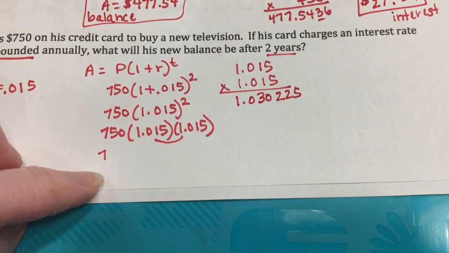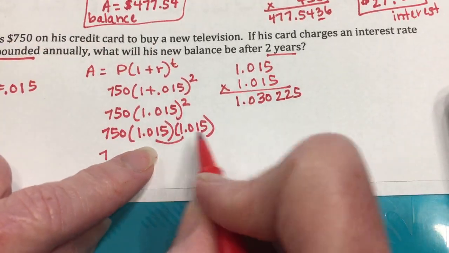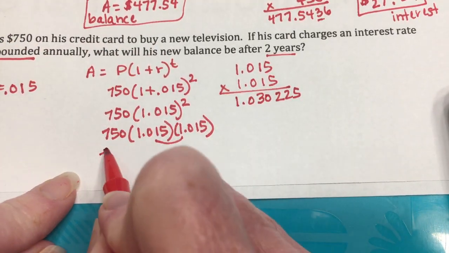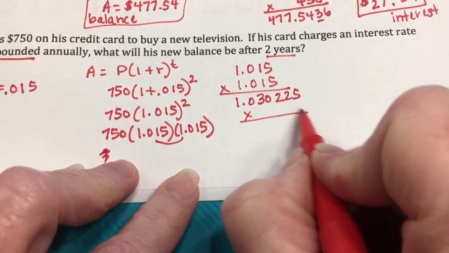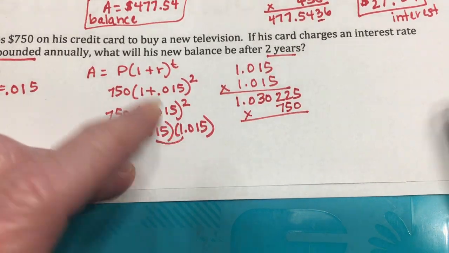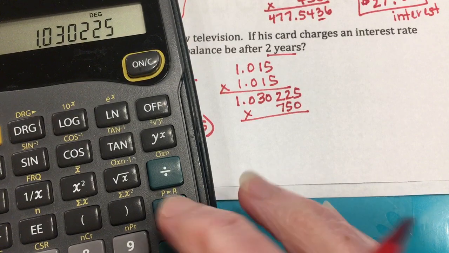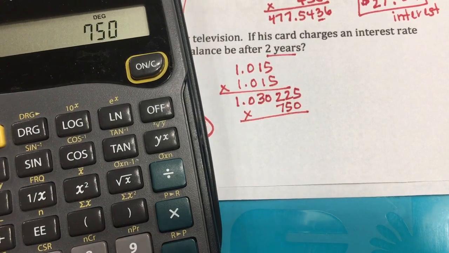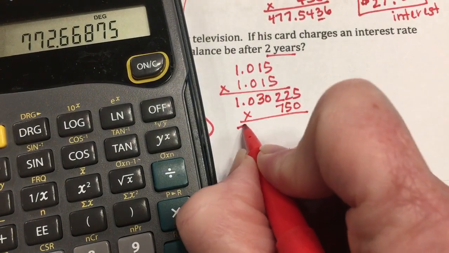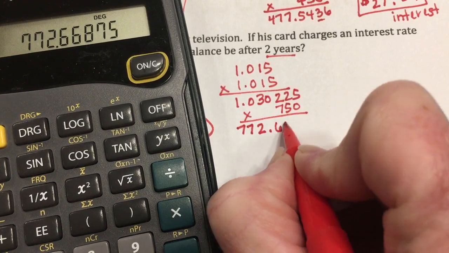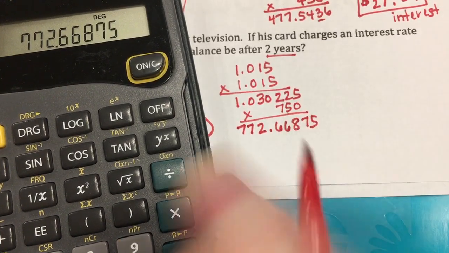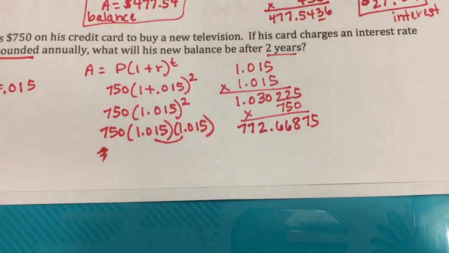But I still need to multiply, that's just these first 2 numbers, so I still need to multiply times 750. And multiplying times 750, I get this long number, 772.66875.